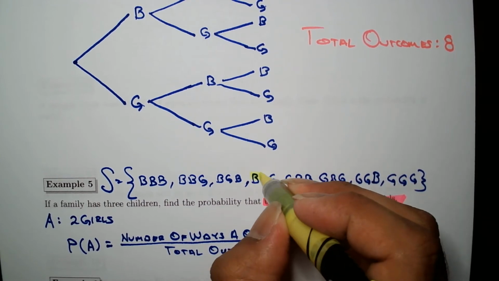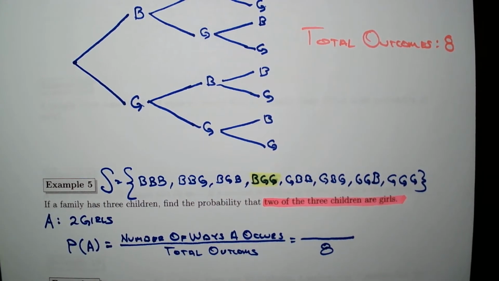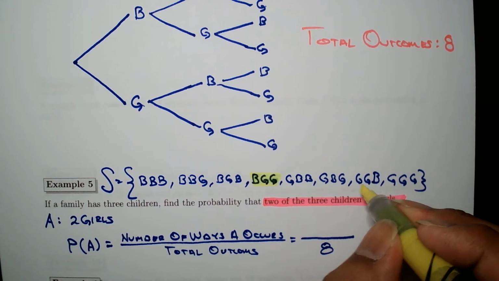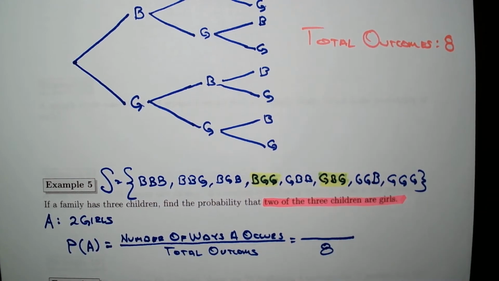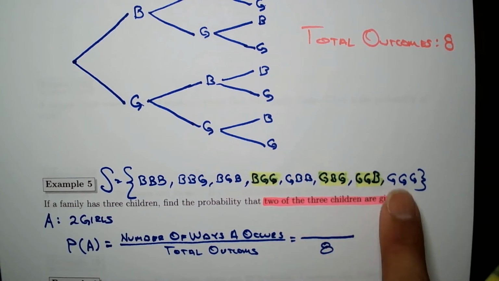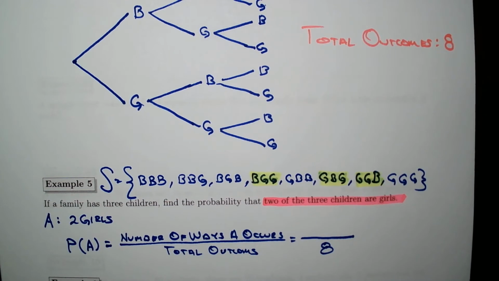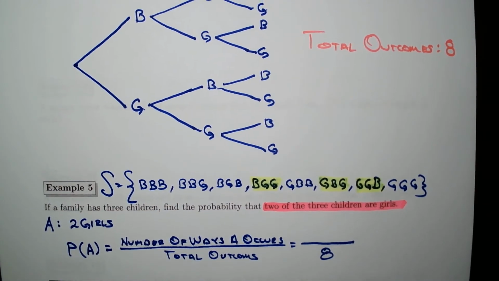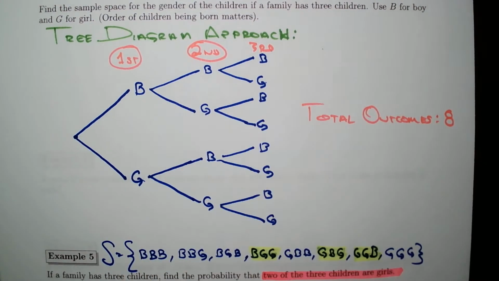That is, this one right here, this one right here and that one right here. So there are 3 possible ways in which 2 girls can be born, that is, the one in which the boy is born first.